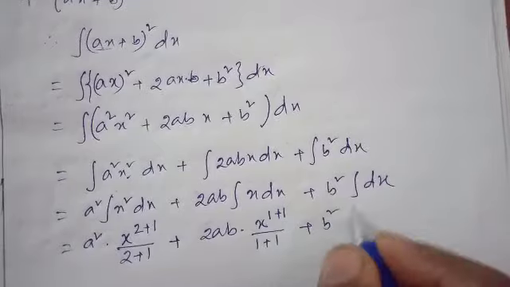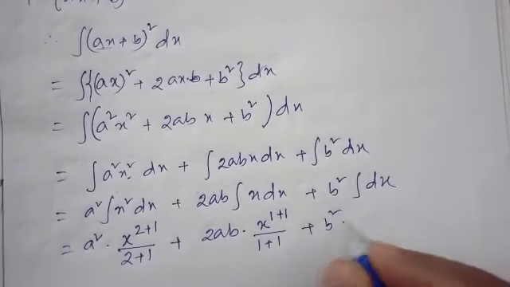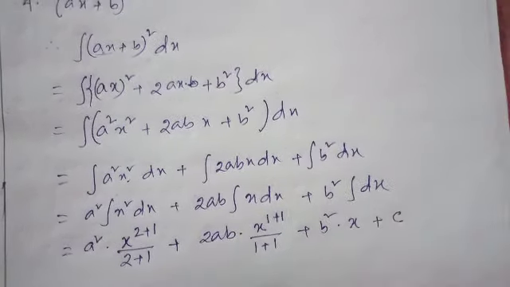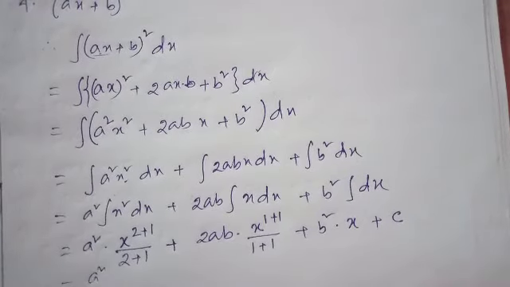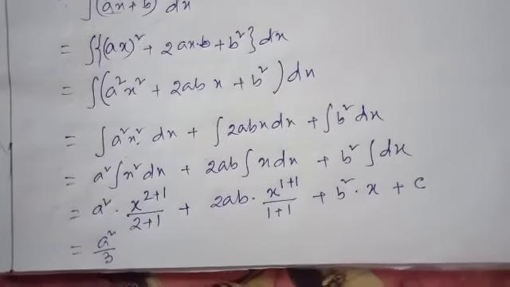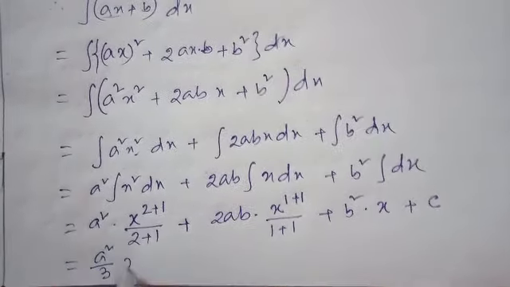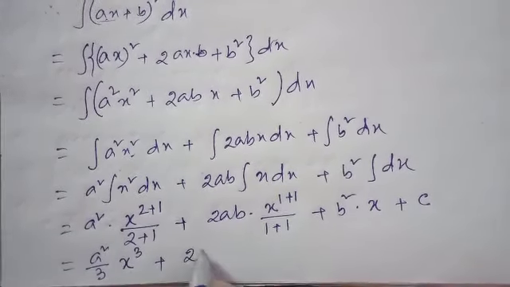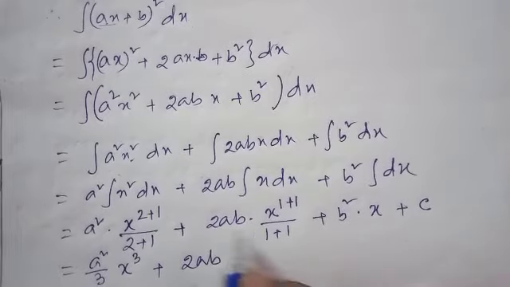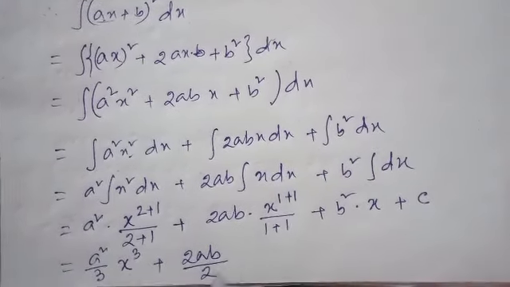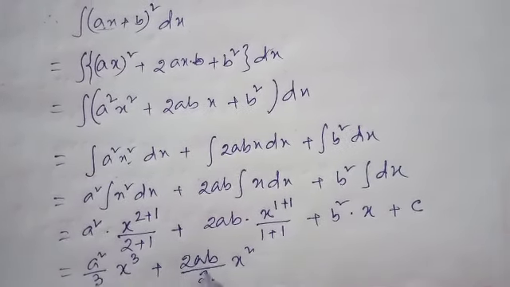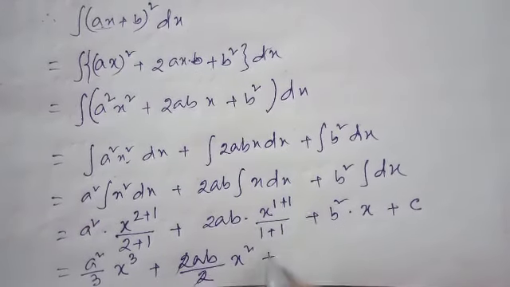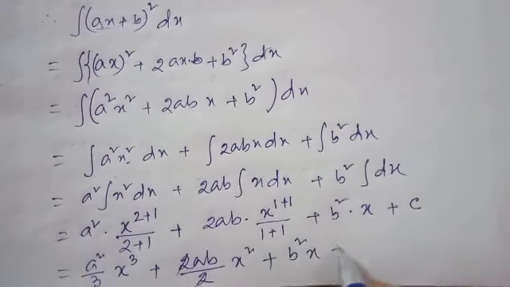For b square, the integration of dx is x. So we get a square by 3 x cube plus 2ab, where we can cancel the two, x square, plus b square x plus c.